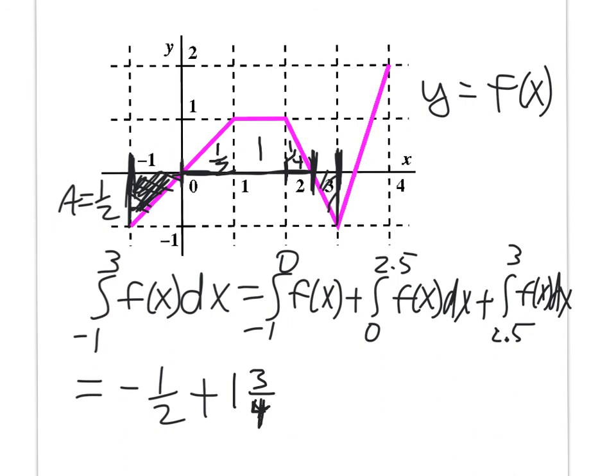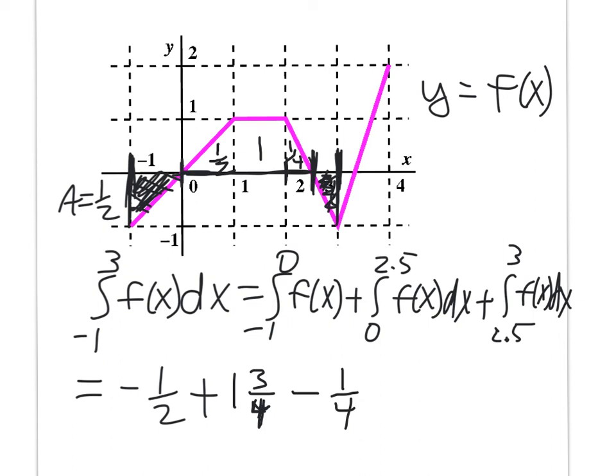And then finally, from 2.5 to 3, again, this area is under the x-axis, so the definite integral value will be negative, and that one will be what value? Again, 1/4. 1/2 times base of 1/2 times height of 1. So that would be our parts to the definite integral based on the areas.